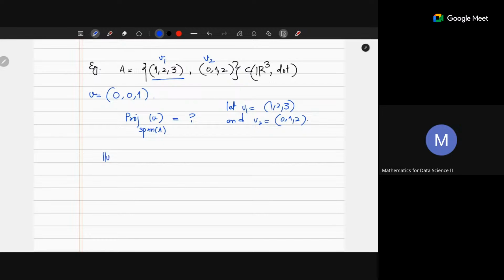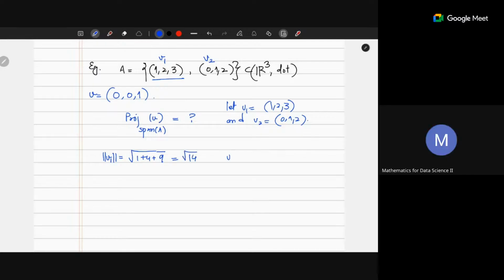What is the norm of v1? So it is 1 plus 4 plus 9, it is root 14, right? Yes, that's fine.